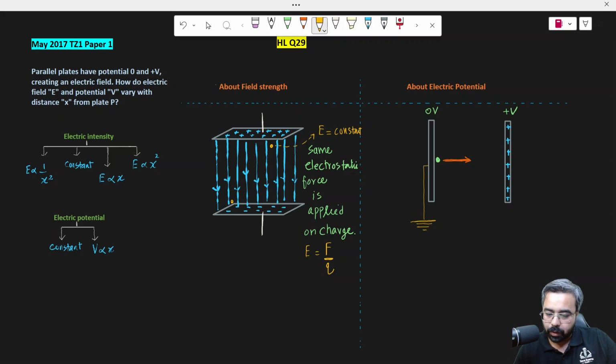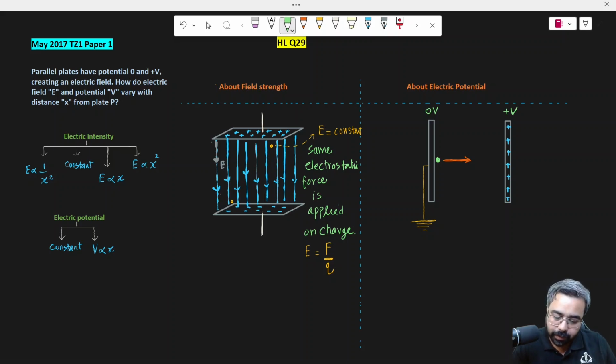Secondly, don't forget that electric field strength is a vector quantity and it is directed from the positive to the negative plate. Since its direction is not changing, and a vector can change even if its magnitude is constant, but if its direction is changing, then this factor can make it non-uniform. And exactly what we observe.